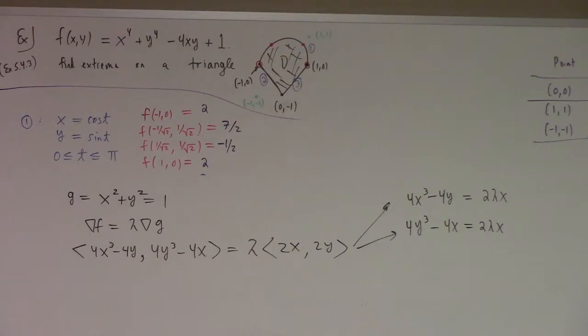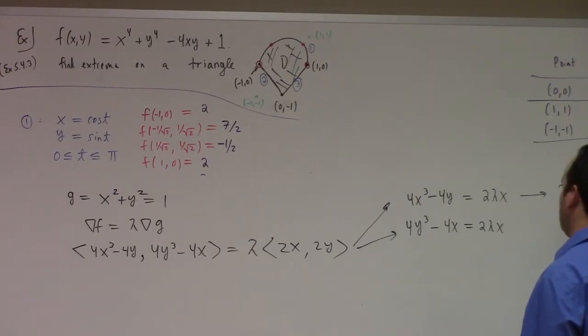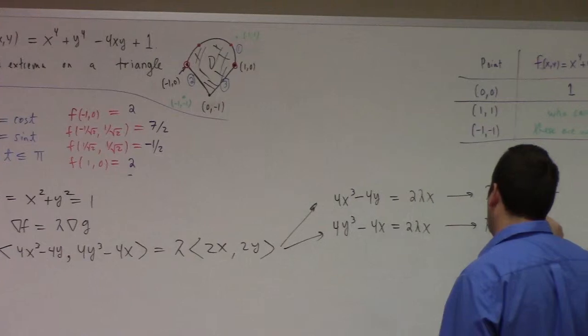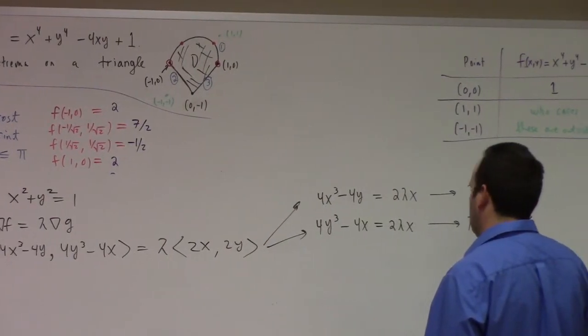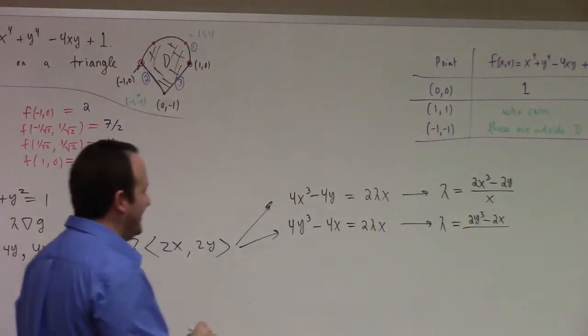If we want to look for solutions where x and y are not both 0, we can divide by x, solve for lambda both of these. So lambda is like 2x cubed minus 2y divided by x. And this gives me lambda is 2y cubed minus 2x divided by, yes, tell me what's wrong.